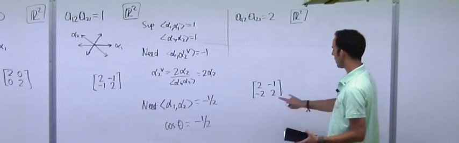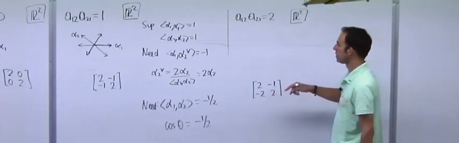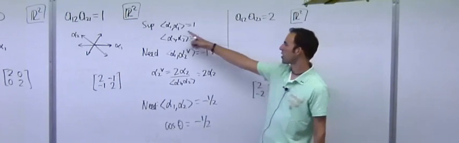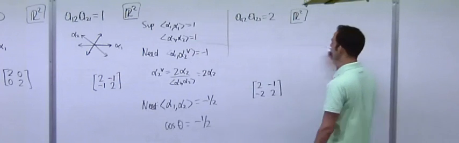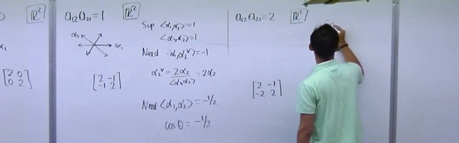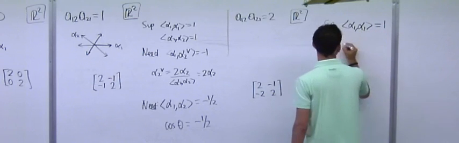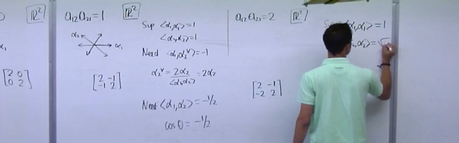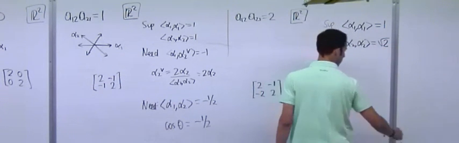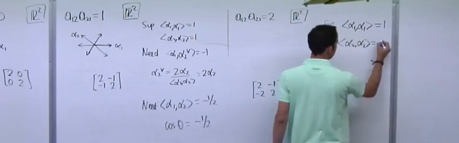Okay? Now, what this tells me is that I cannot make both of these of unit length, right? Because alpha 1 comma alpha 1 divided by alpha 2 comma alpha 2 is going to have to be 1/2. So let's try to do this with alpha 1 having length 1 and alpha 2 should have length root 2, which means that the dot product with itself is 2.